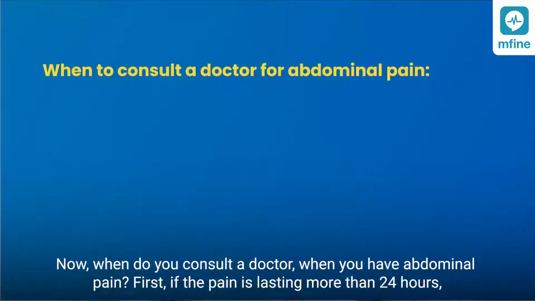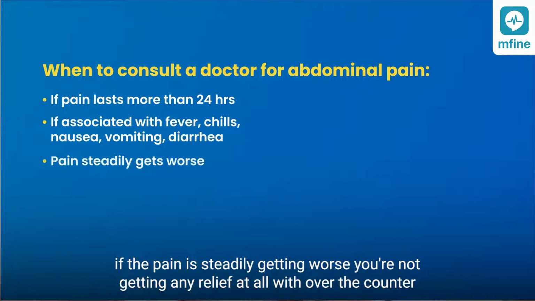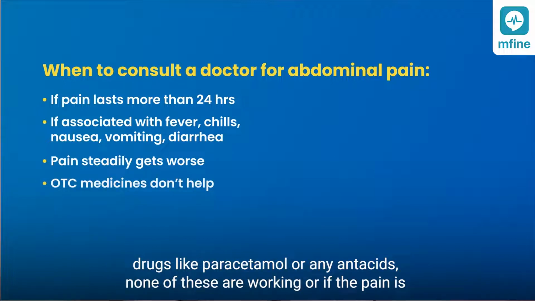Now, when do you consult a doctor when you have abdominal pain? First, if the pain is lasting more than 24 hours, if it is associated with fever, chills, nausea, vomiting, diarrhea more than 5 episodes a day, if the pain is steadily getting worse, or you're not getting any relief with over-the-counter drugs like paracetamol or antacids like Gelusil, Gaviscon, Sucralfate, and none of these are working.